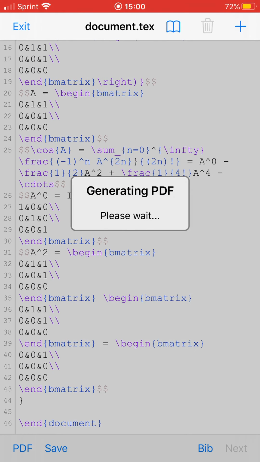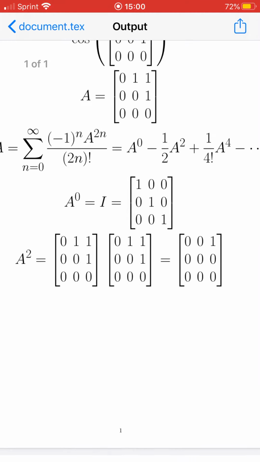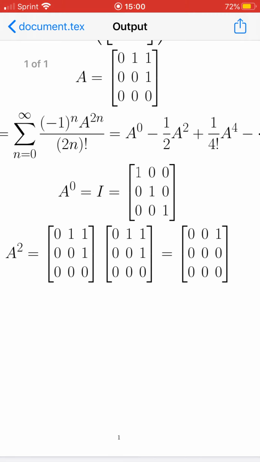So A squared is A times A, which is equal to the matrix 0 0 1 0 0 0 0 0 0. And if A squared is equal to this matrix, then you should have a feeling that A cubed, A to the 4th power, A to the 5th power, A to the 6th power, and so on will be equal to 0.